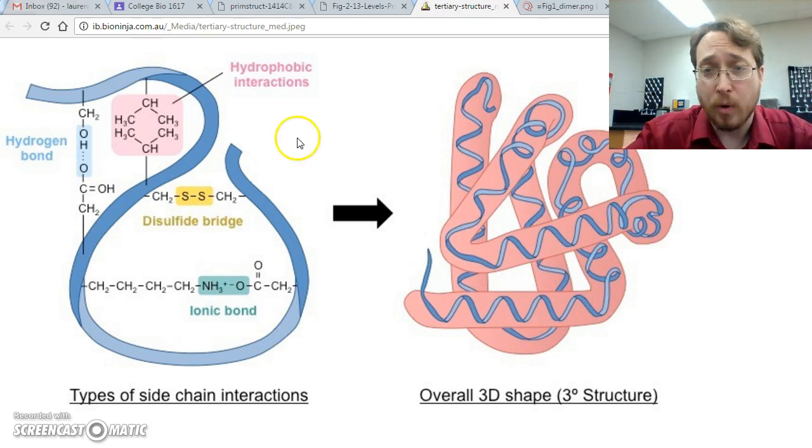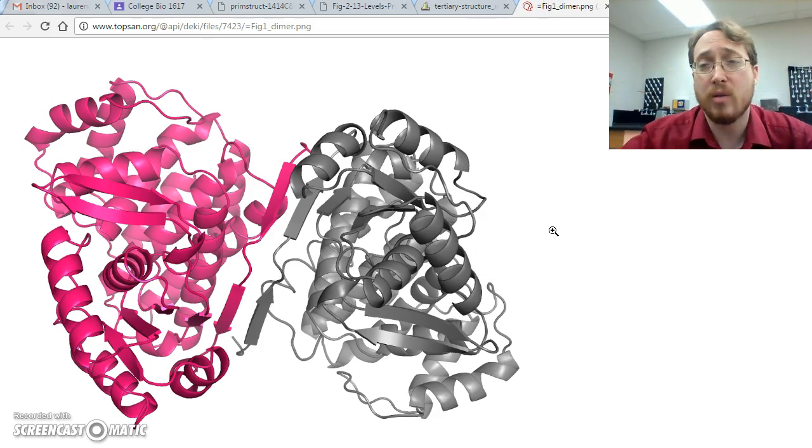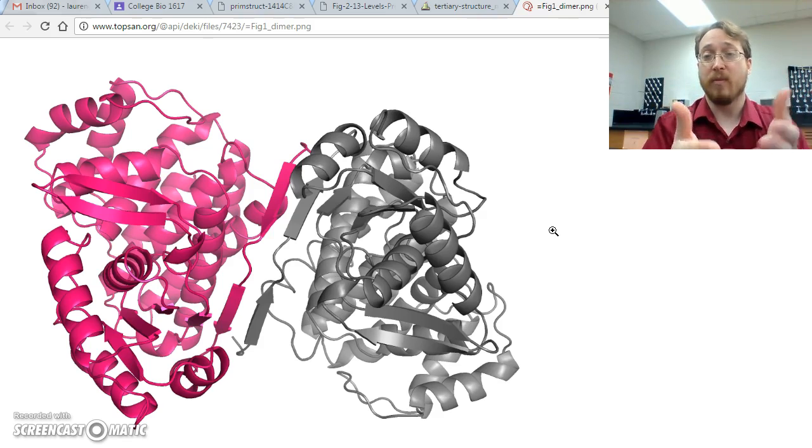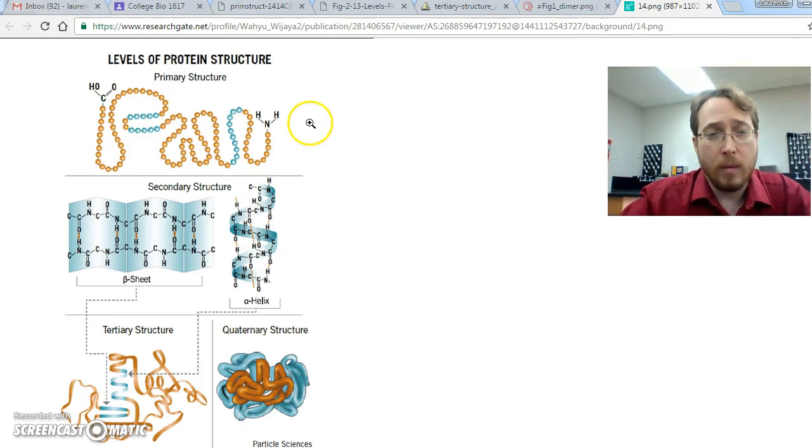But for most proteins, we have to go on to a 4th level, which is quaternary structure, which is simply saying 2 tertiary structures, 2 fully folded polypeptides, are attracted together and unite, and that becomes the final protein structure. And now this is going to be able to do some job for the cell. So, a quick review: primary structure is the order of the amino acids.